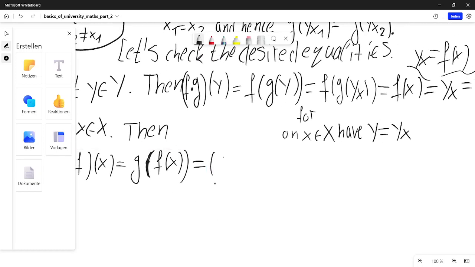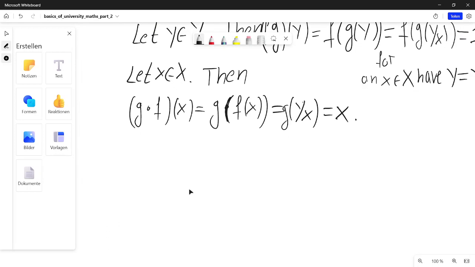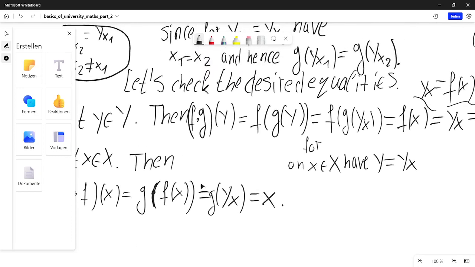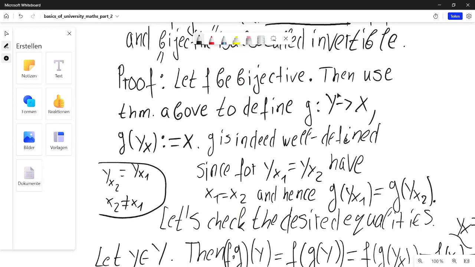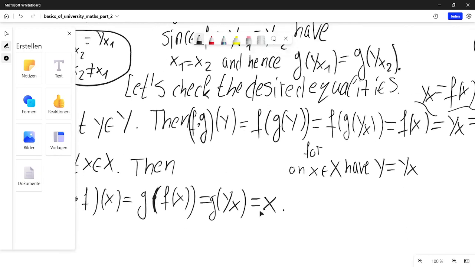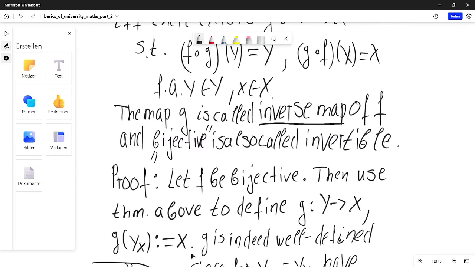We just had that it is g of y_x, right, and that was defined as x, so that works. So g is a well-defined map that satisfies both equalities. With that, this direction is proved. If f is bijective, then there is such an inverse map. Alright.